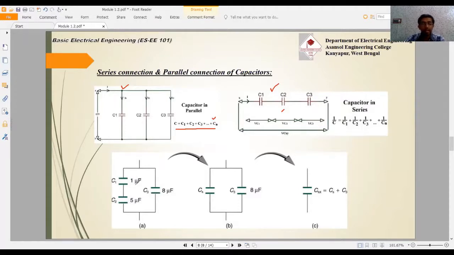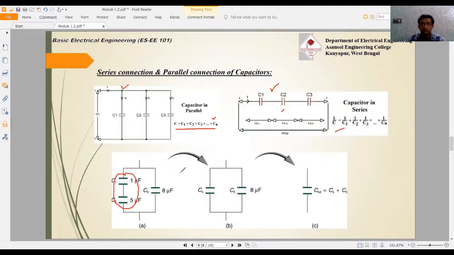Here 1 microfarad and 5 microfarad, two capacitors, are connected in series, with 8 microfarad in parallel. So first 1 and 5 microfarad are in series, so we use the formula like this.